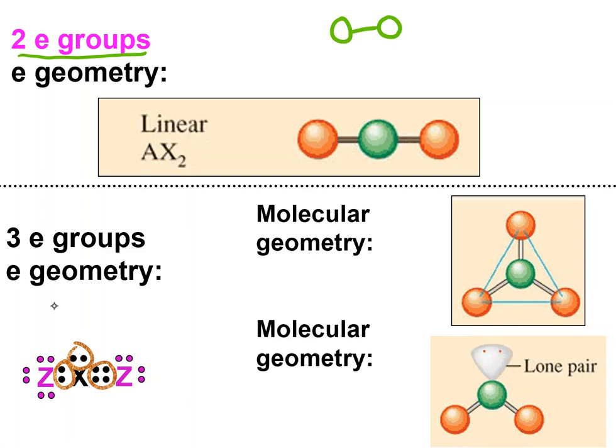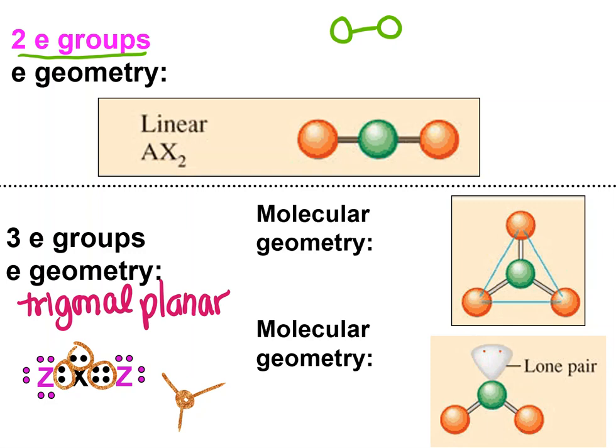The electron geometry, when you have three groups: the furthest they can get from each other is to go out like a triangle, in opposite directions, and the shape that you get we call trigonal planar. So we've got our central atom, and these are the electron groups coming out from it.